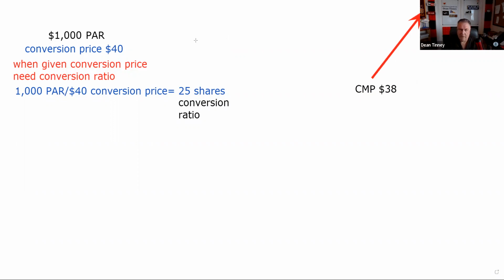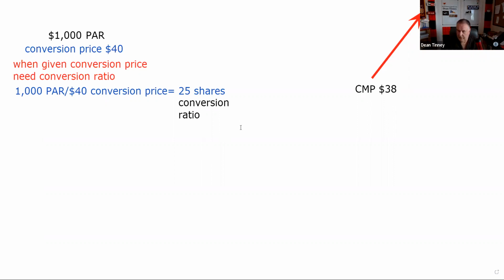So now let's say that the stock has gone from 38 to 50. And so now this bond should be trading at a higher price. So let's see what the parity of the bond would be.